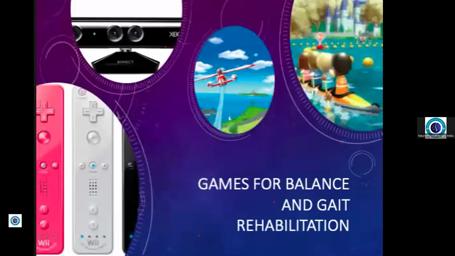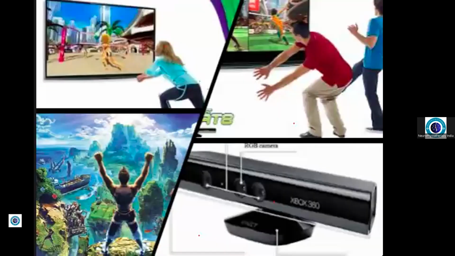So what kind of games can we play specifically for balance and gait rehabilitation? Commercially readily available games like Xbox Kinect and Nintendo Wii are excellent for trunk and posture impairments, PlayStation. However, these devices don't really allow too many steps over ground, or also on treadmill walking. For example, Xbox Kinect uses a camera motion-based analysis software, which interacts with the game interface.